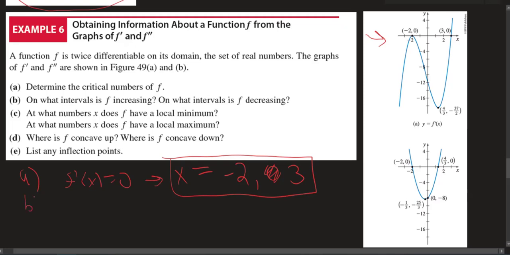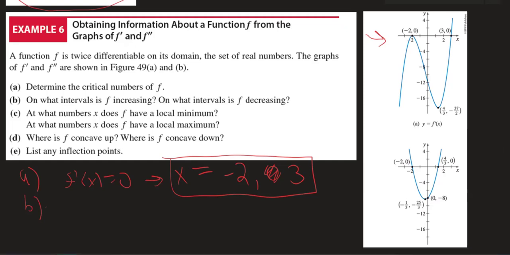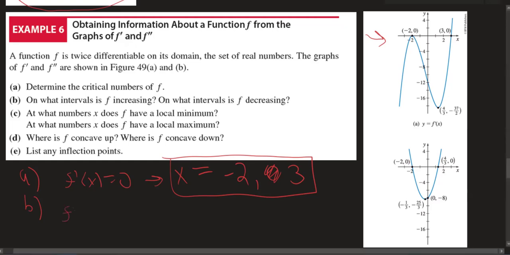For part B, we want to know on what intervals f is increasing and when f is decreasing. So we can use the increasing/decreasing test and look for where f prime is greater than 0.